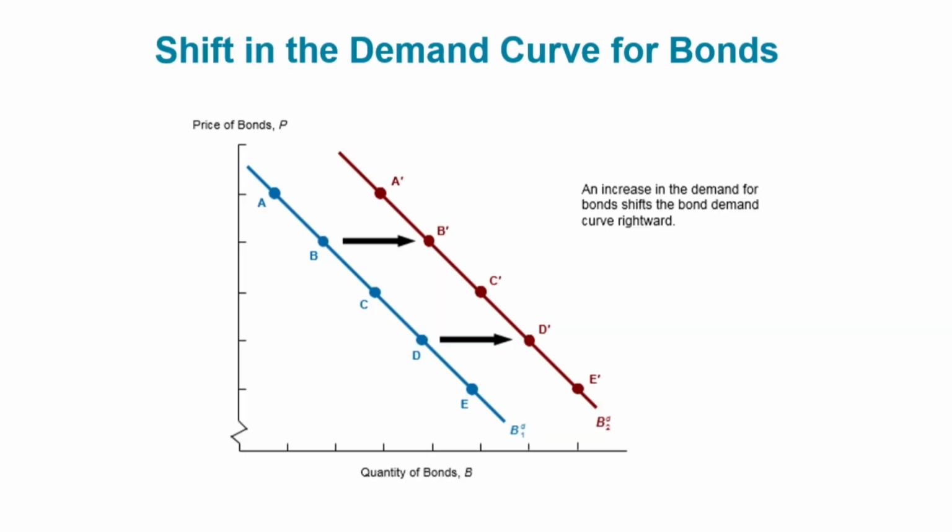So let's now move to the shift in the demand curve for bonds. Why do the lenders want to lend more at the given market price or at the given rate of interest, other things remaining constant? An increase in the demand for bonds shifts the bond demand curve rightwards.